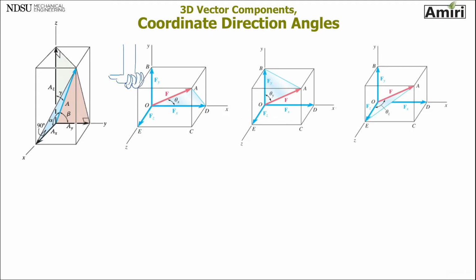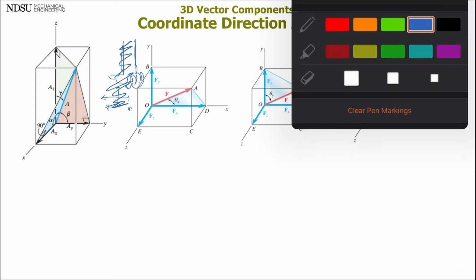Sorry, it's not the most beautiful hand. So Z, X, and Y. Yes, that is the right-hand rule and it's working. Although it's rotated, it's still a right-hand system, so we can still use the axes. Let me clear that one as well.